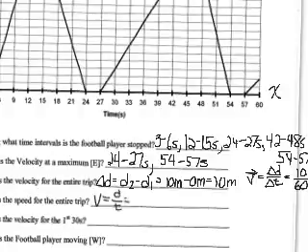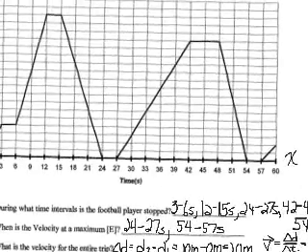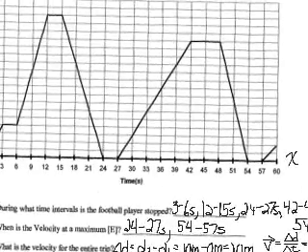So we need to know what the distance is covered by the entire trip. So we have to take a look at our graph here. We're just looking at the total distance. Follow along. You may want to use a calculator in order to keep track of what we're adding here. And I highly recommend this.